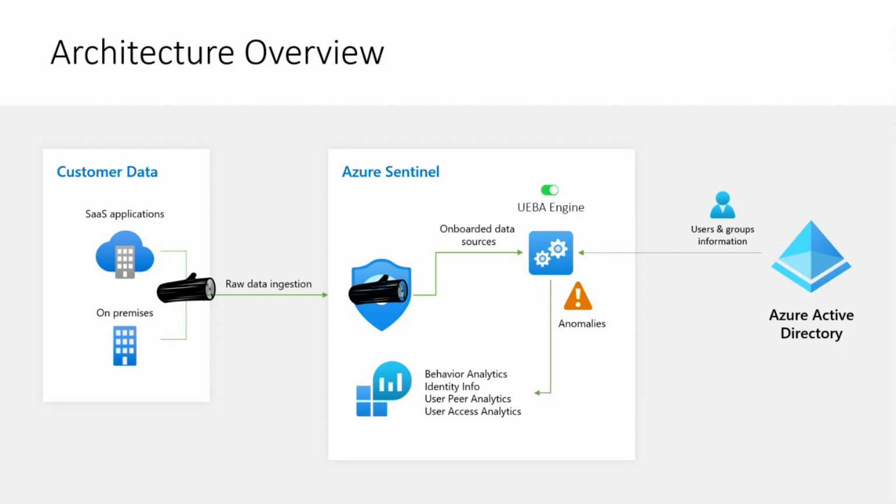Then those baseline profiles combine with telemetry data from various data sources. And lastly, we utilize machine learning to analyze behavior analytics, identity information, peer analytics, and user analytics to produce our anomalies.